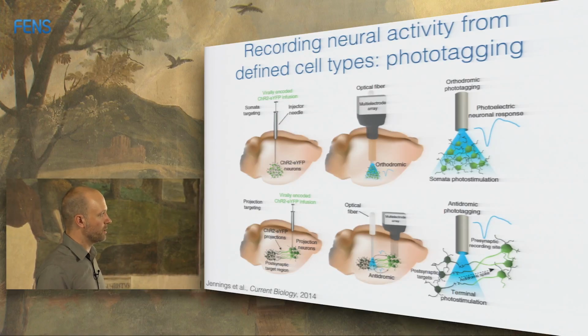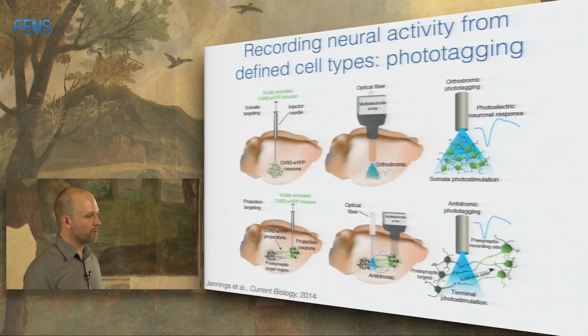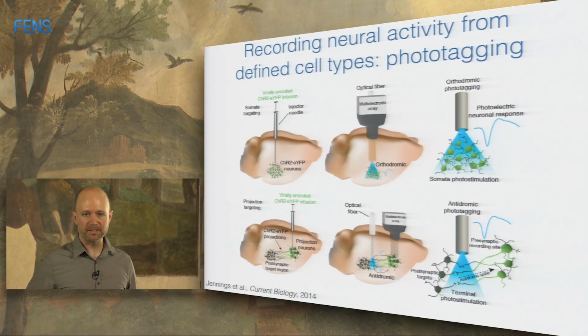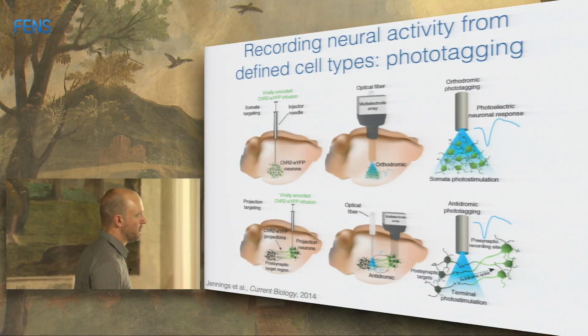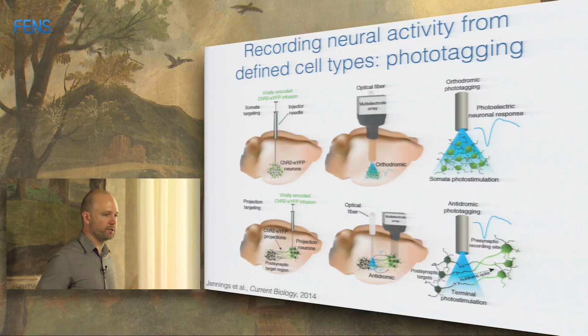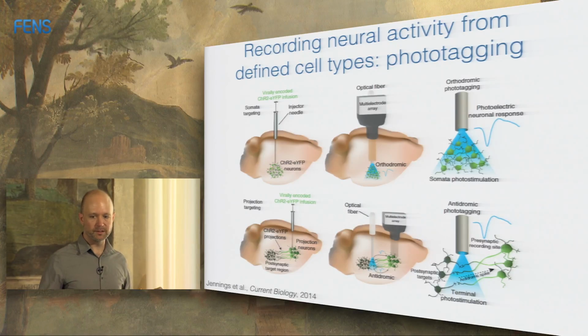If you target channelrhodopsin to the dopamine cells and you pulse light, cells that show a very rapid response, or a light-evoked action potential, could be inferred to be dopamine cells because of that. Does that make sense? Okay, so this allows us to then phototag, or identify, which cells are a particular genetic subtype.